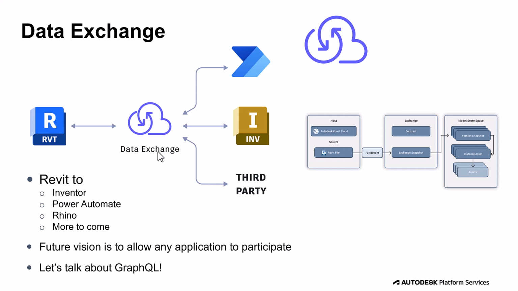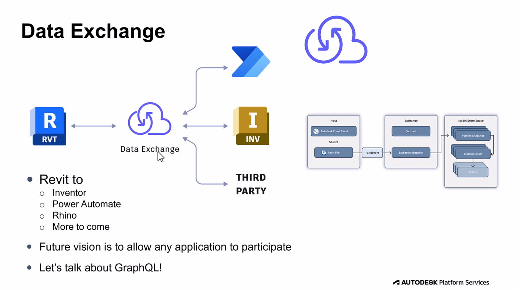People really recognized how powerful GraphQL is to access data in a data-oriented way. That just encouraged the Data Exchange team to also investigate GraphQL, and here we are with a public beta now ready to go.